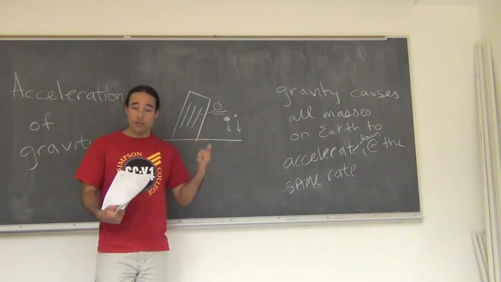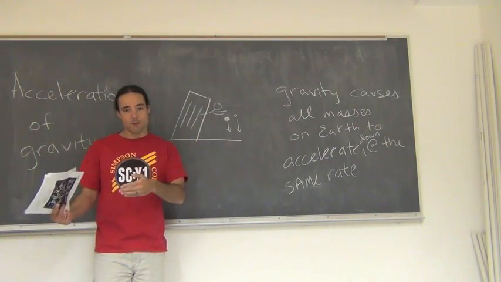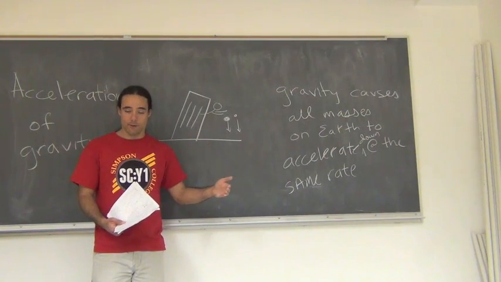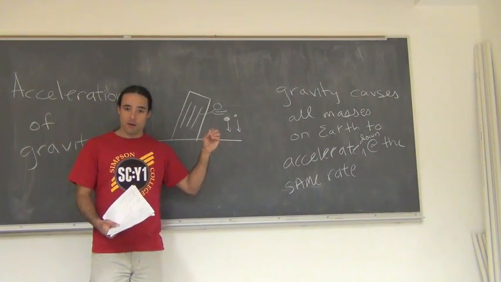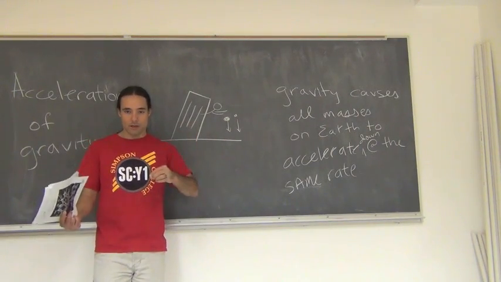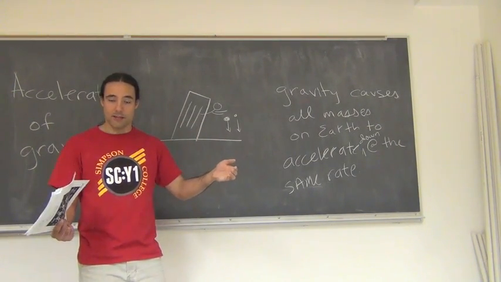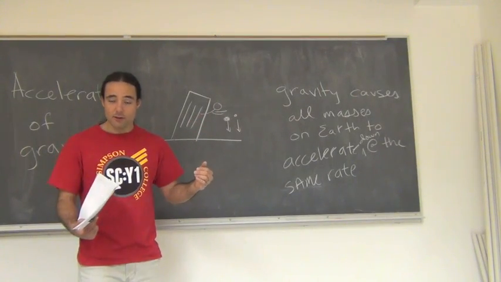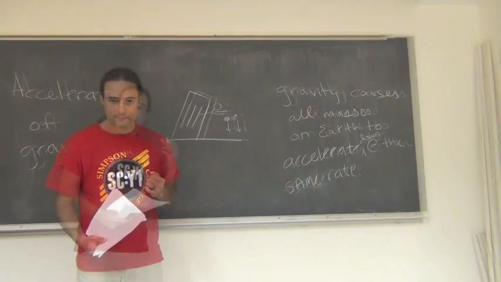Now, if we go up to outer space, if we go to the moon and try the same experiment, where there is very little atmosphere, we can see that even a feather and another solid object, like a bowling ball, dropped at the same time, will still fall at the same rate, provided that there is no air resistance.